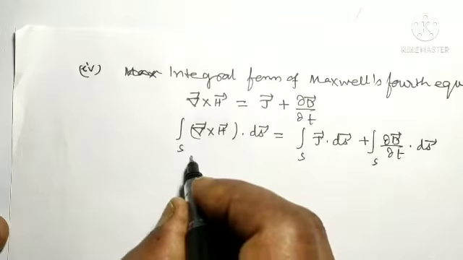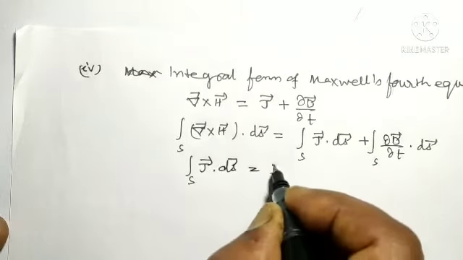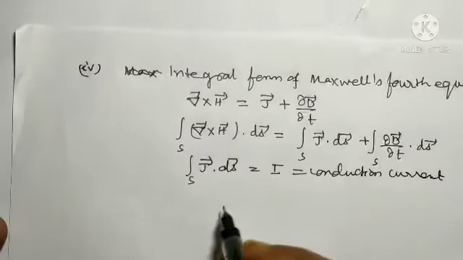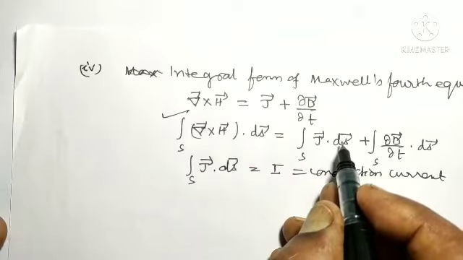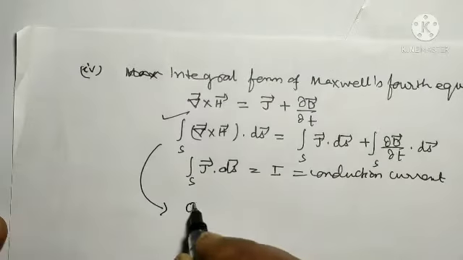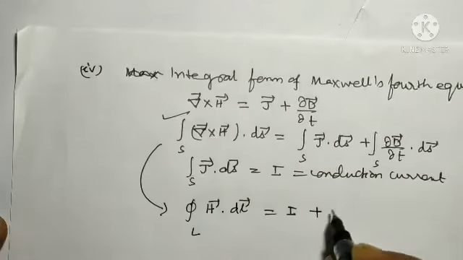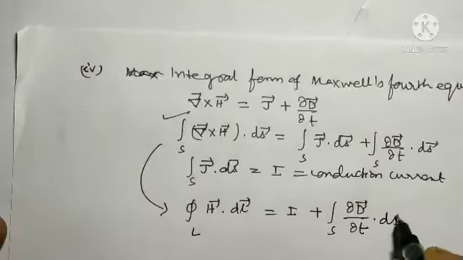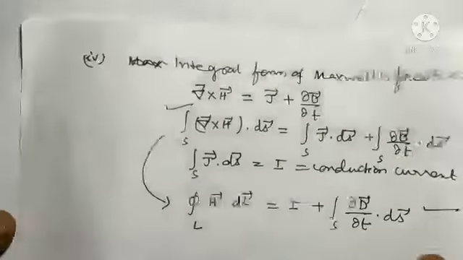We know that surface integral of current density is equal to I, where I is the conduction current. Now we apply Stokes theorem to the left hand side of this equation. So this can be written as line integral of magnetic field intensity is equal to I plus surface integral of del D by del t. So this is the integral form of Maxwell's fourth equation.